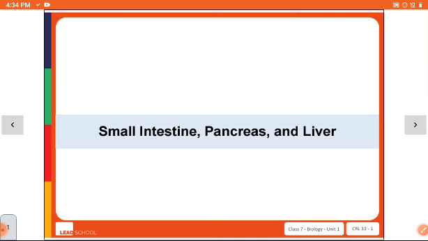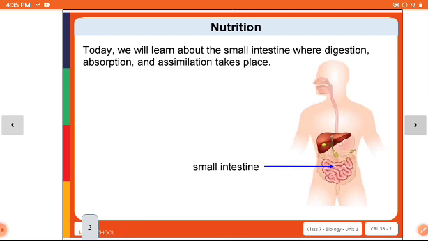So students, in our last lecture we covered the steps and process of digestion. Today we will discuss the small intestine, pancreas and liver. First of all, nutrition.